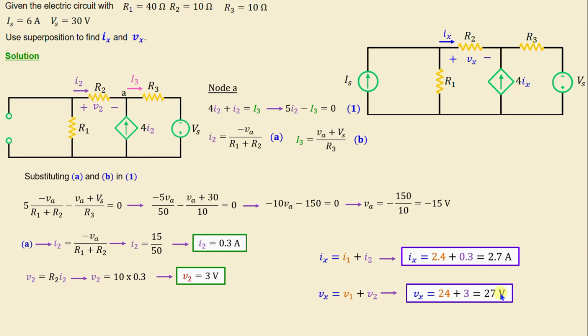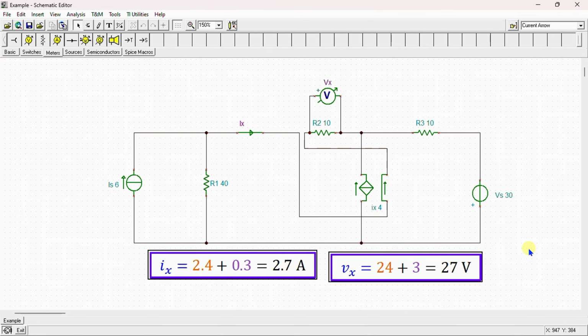After completing the calculation, we conduct a simulation using a SPICE simulator in order to verify our results. Now let's proceed to the SPICE environment. Here is our network drawn in the SPICE simulator.